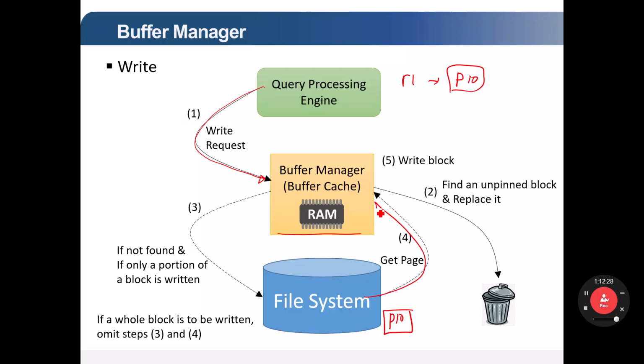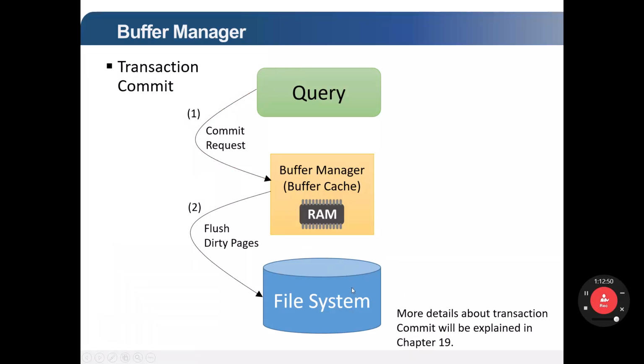Then it is going to bring page 10 from disk, and then it will put this small record R1 into that page, and then flush it again. And while it is doing this, any unused page will be removed from the cache.